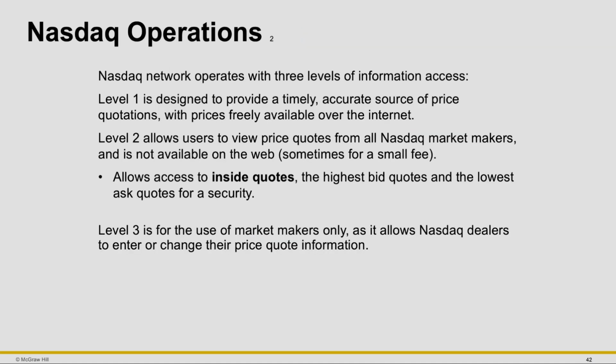There are a variety of different levels of quote data that you can receive. Level 1 is the most basic level, and it simply gives us prices over the internet.